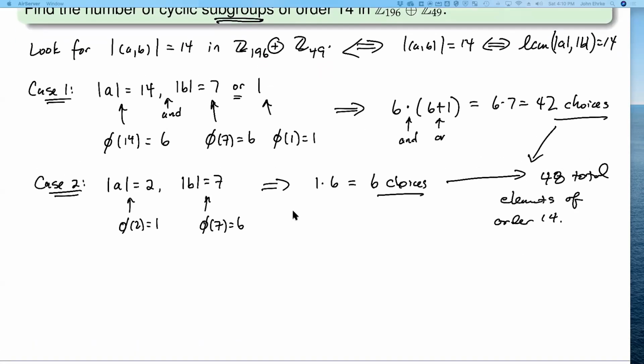which means there are 48 generators. But remember, each one of these generators is going to create a subgroup having order 14. We know that there are 6 elements of order 14 that will get generated there per group.